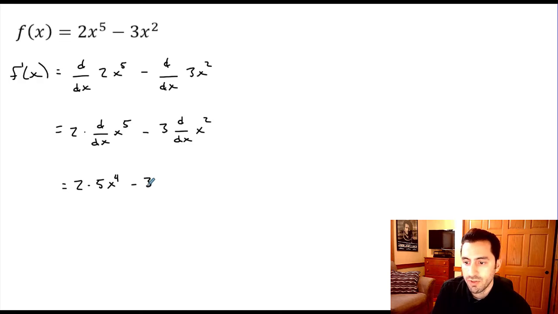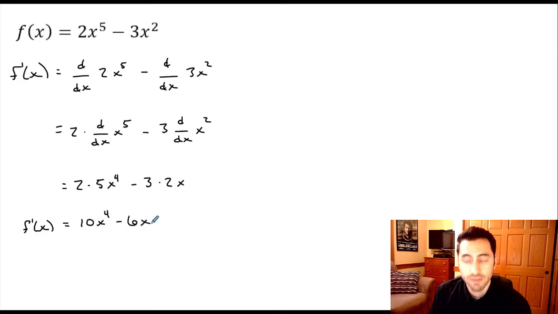Then we're subtracting, we still have the 3, and then I'll use my power rule here. 2 comes down out front. We take 1 away from the exponent, we end up with x to the first. And then we can finish by simplifying. So then my derivative, f prime of x, is equal to 10x to the fourth minus 6x.